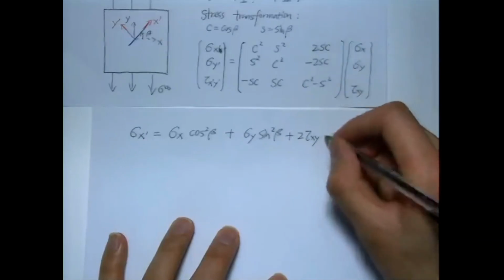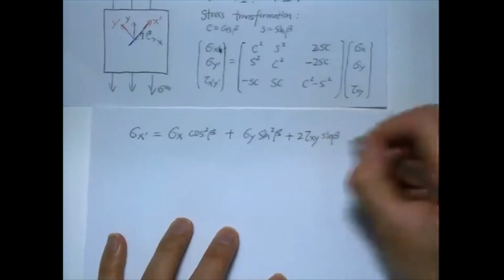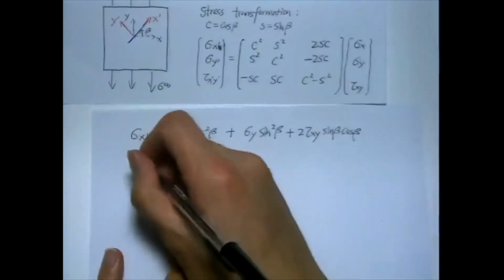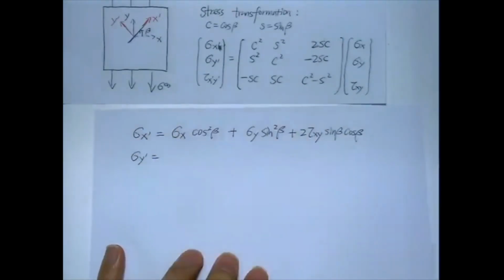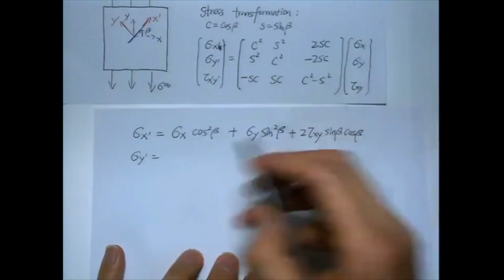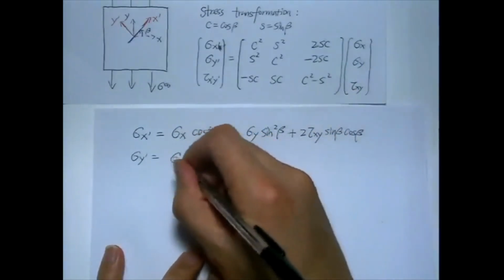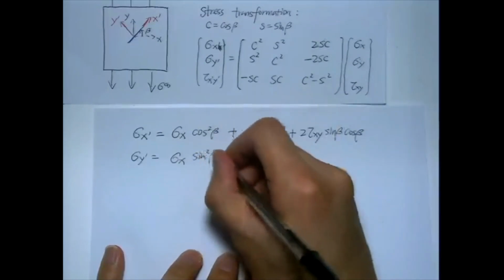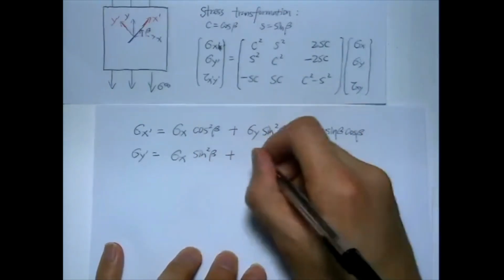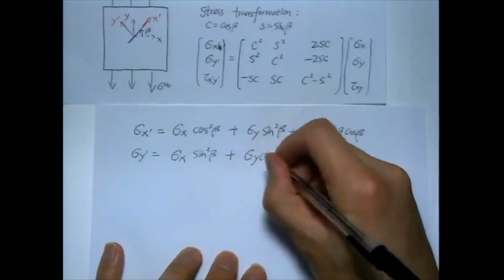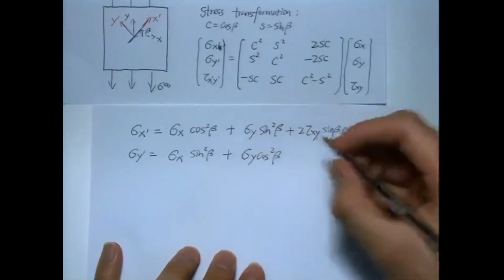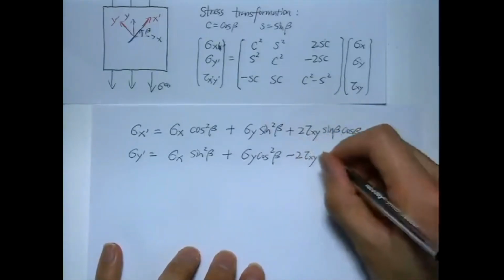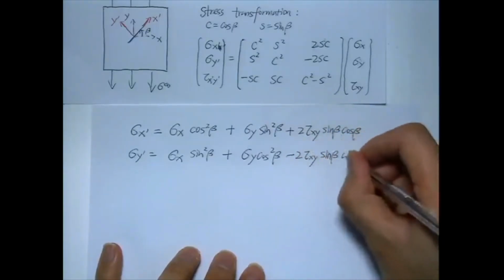S is sine beta, c is cosine beta. Similarly, sigma y prime equal to this times that. So sigma x sine beta squared, plus sigma y cosine beta squared, and now minus 2 tau xy sine beta cosine beta.